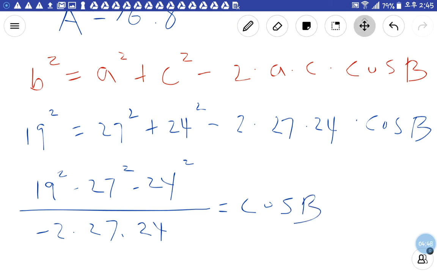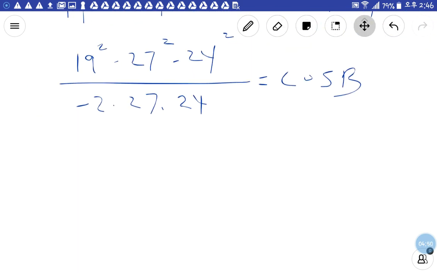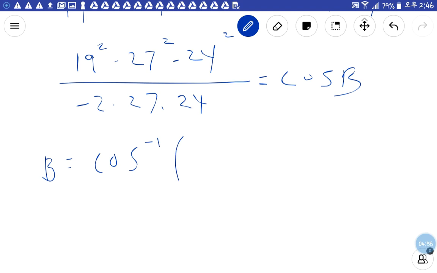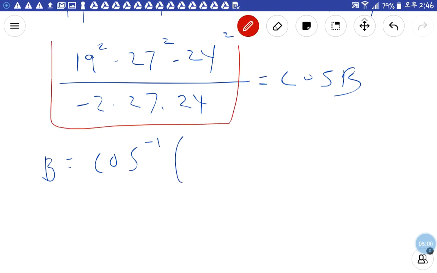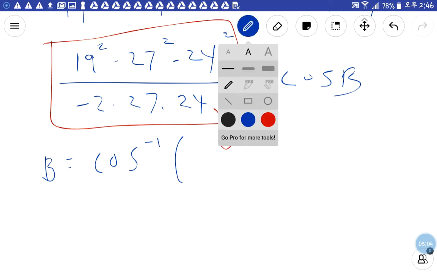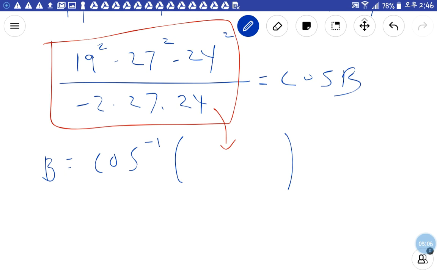Now I want to get angle B, so you need to put the arc cosine and put everything into the parentheses right here. So 19 squared minus 27 squared minus 24 squared over negative 2 times 27 times 24.